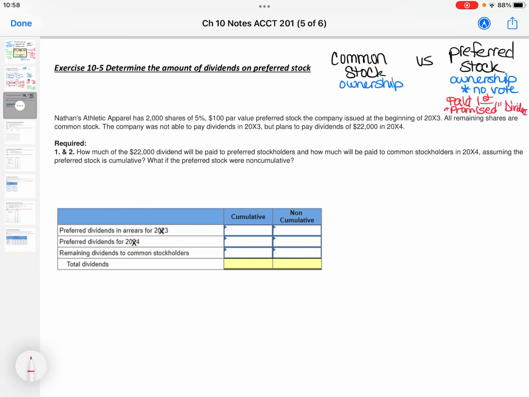So preferred stock will have this percentage given, and that means that they are going to get a set amount for dividends. So in this example, 5% times the par, that's how we determine the amount of dividends. So I take par, which is $100, and I multiply it by the percentage, 5%, and I get $5, or $50, sorry, per share.